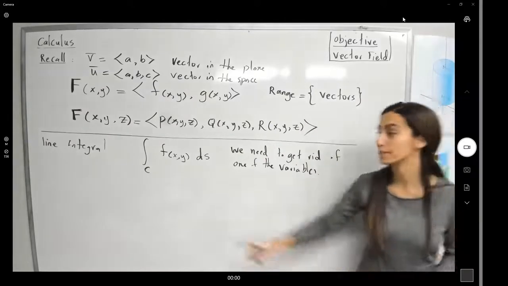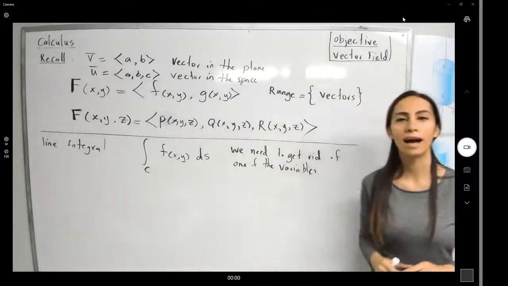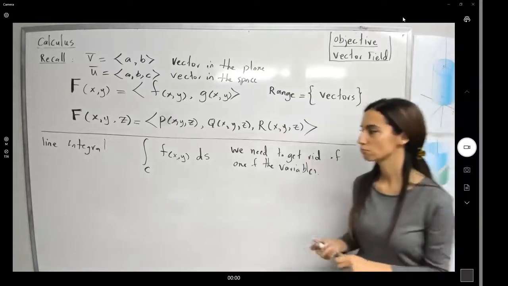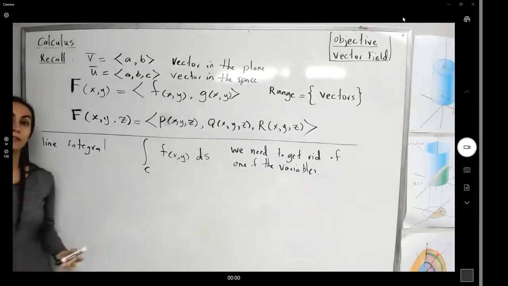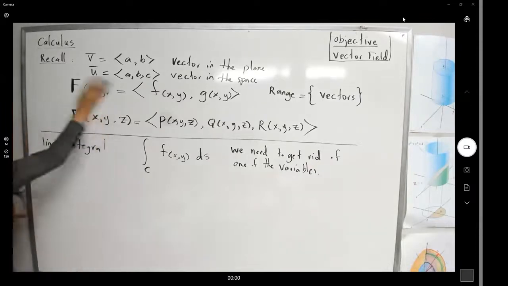Depending on how C is defined, we can find a relation between x and y, or x, y with a third variable. Very well. Let us go over more examples to feel more comfortable about how to deal with these types of integrals. Then we're going to introduce a new formula, how to use line integrals when it comes to vector fields.